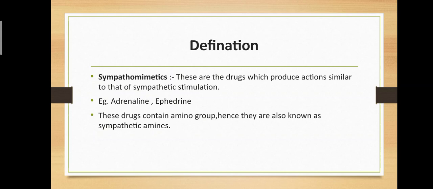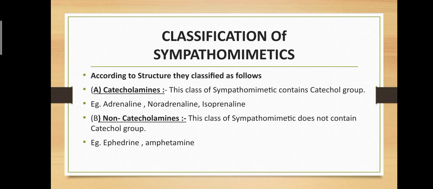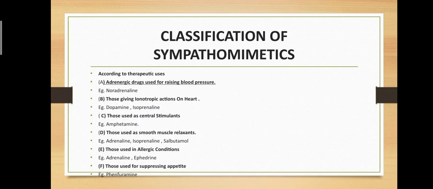Definition: these are the drugs which produce action similar to that of sympathetic stimulation. Classification is based on structure and therapeutic uses. By structure there are two types, catecholamines and non-catecholamines, meaning presence and absence of the catechol group.